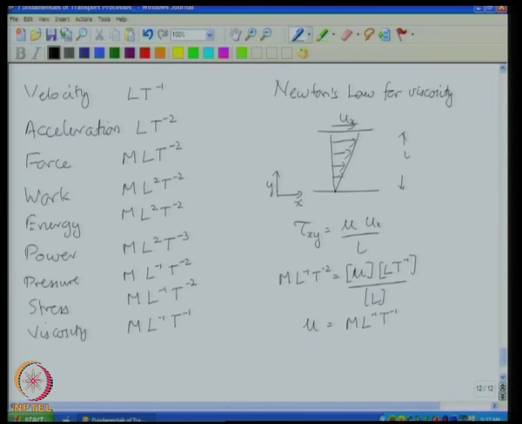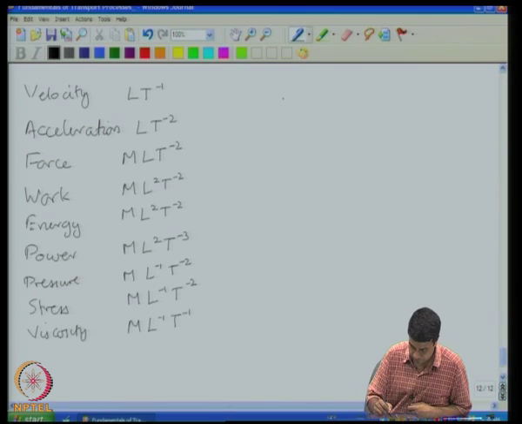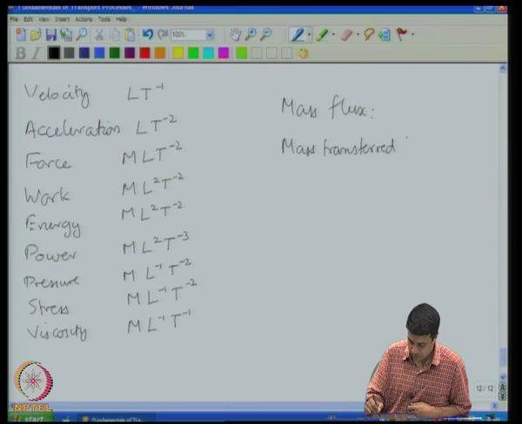In addition to stress, in the last class I had focused on two other important things, and that was the heat flux and the mass flux. So, let us look at the dimensions of those two. The mass flux is mass transferred per unit area per unit time.